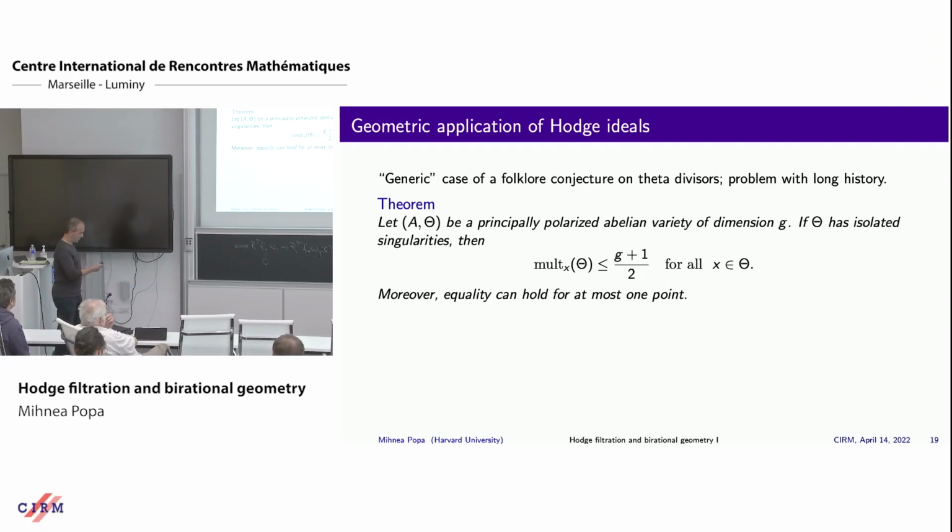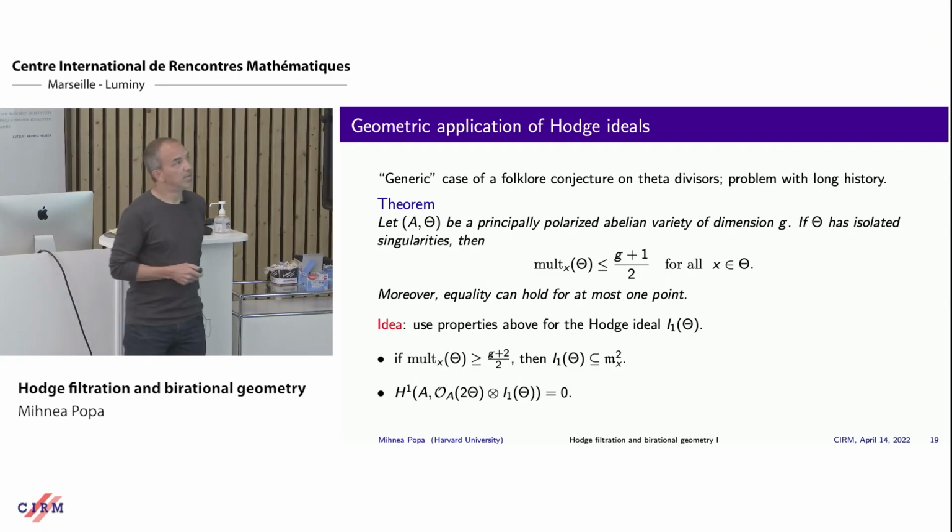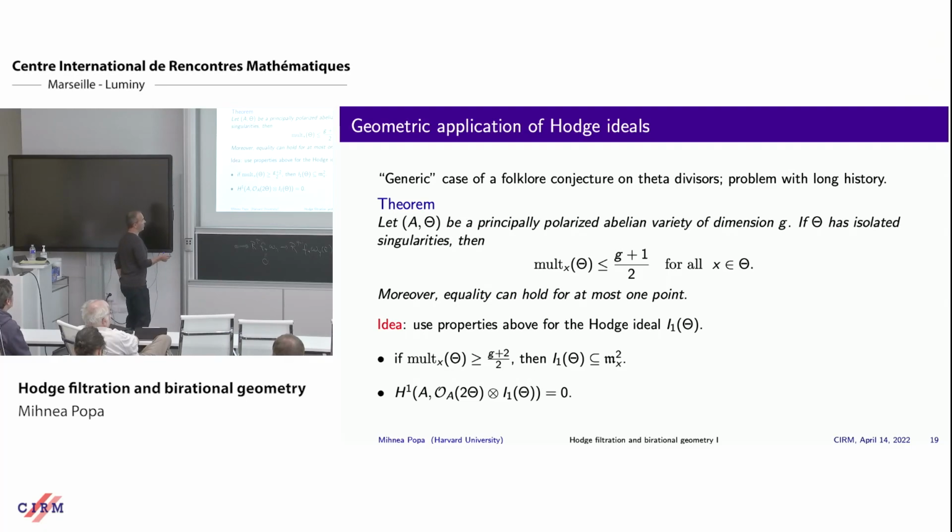Very simple idea, right? So we're going to take advantage of the Hodge ideal I_1, so of the F_1 step in the Hodge filtration on localization, or local cohomology, if you want. Okay? So we focus on this guy. In fact, it's known that I_0 is trivial, so I won't touch it, right? I mean, that's already a statement. It says that (A, θ) is log canonical.